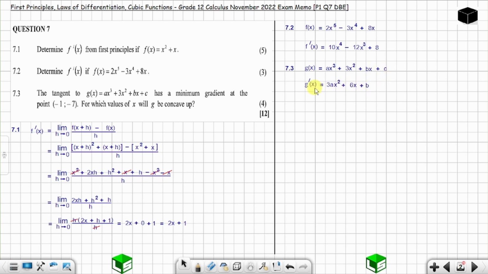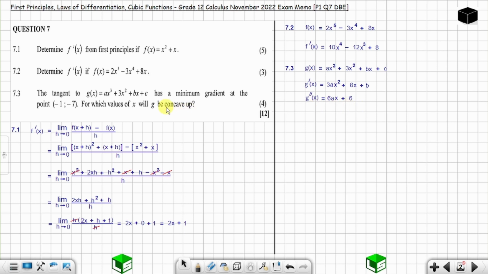Now let's get our second derivative. The second derivative is equal to 6a x to the power of 1 when you subtract 1 from the exponent, plus 6. I hope you know how to use the laws of differentiation. So this is the second derivative.